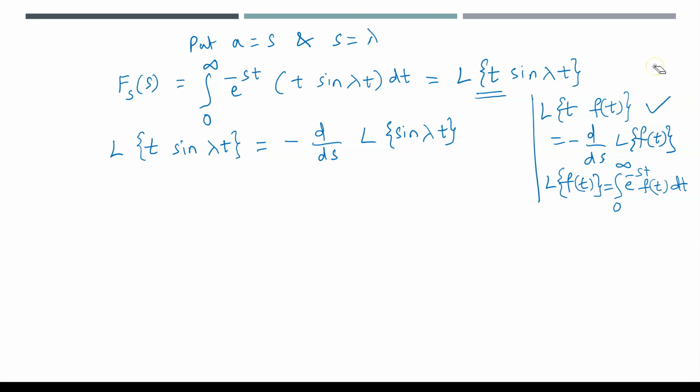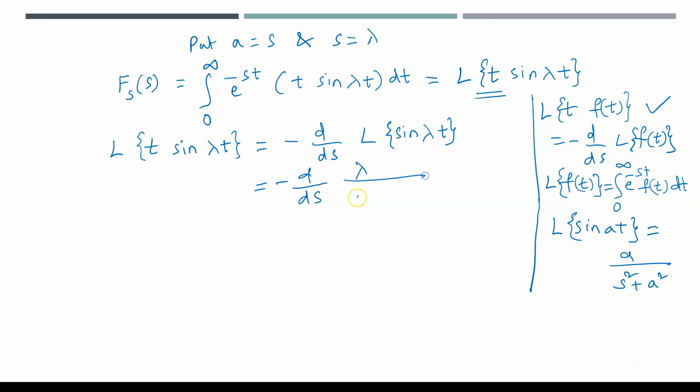Now here let us find Laplace transform of sin lambda t. Laplace transform of sin at equals a by s square plus a square. So here we can write it as minus d by ds of lambda by s square plus lambda square. Now let us differentiate this.